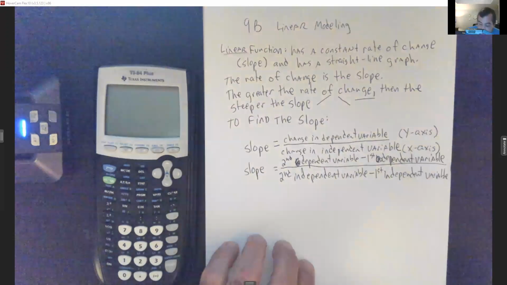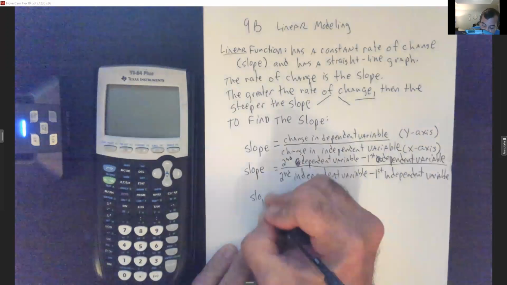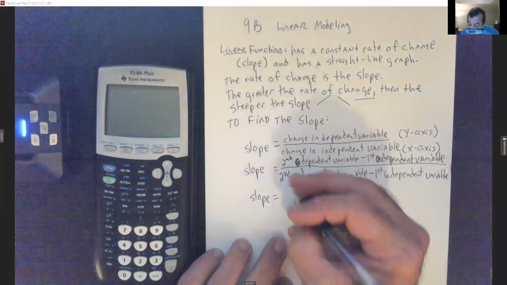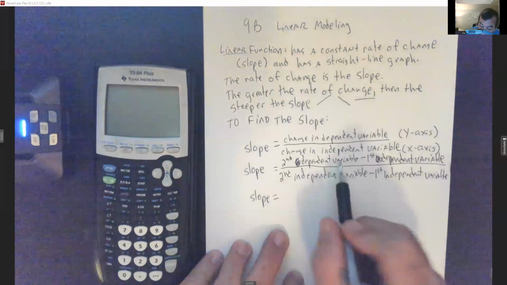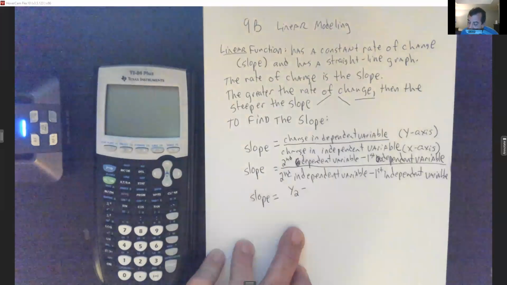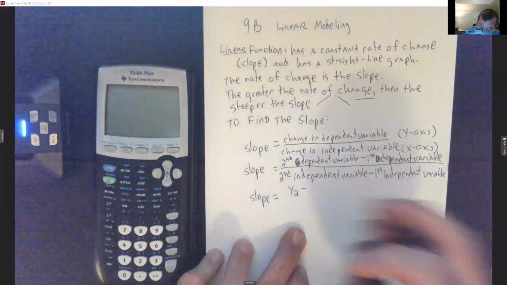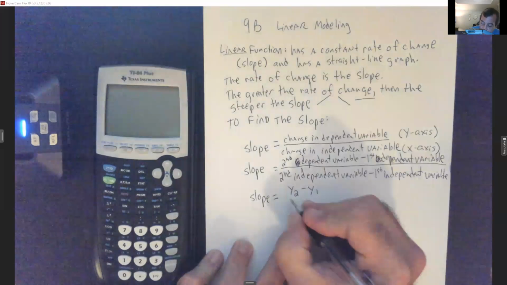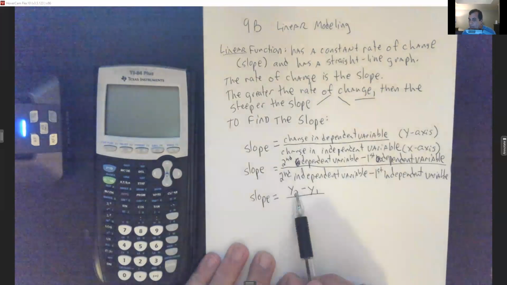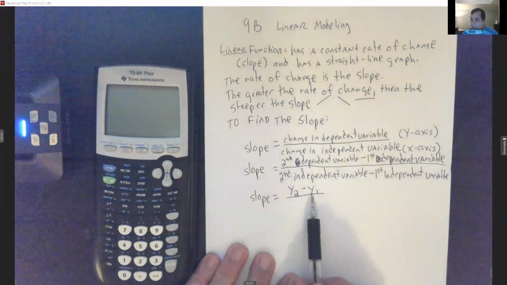Now, y'all seen this formula written in math terms before? So we notice second dependent variable would be your second y. So that's where we get the y2 from. And the first dependent variable will be your first y value. So that's where we get the y1. So this just means the second y value minus the first y value.